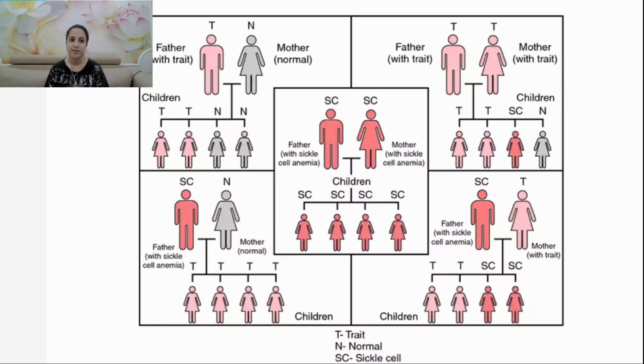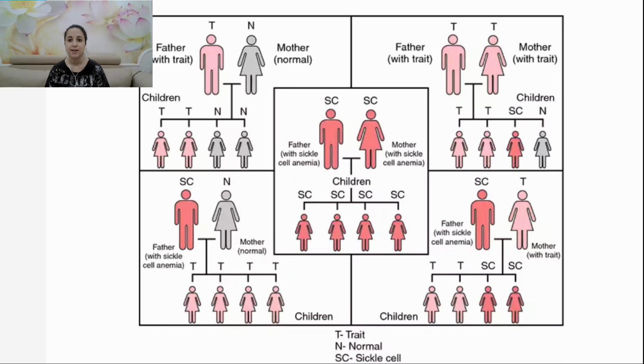So you can see that if one parent has the trait and the other parent is normal, then there's a 50% chance of the children having sickle cell trait. Then in the second case, the father has sickle cell disease and the mother is normal. So here all the kids would definitely be sickle cell carriers, or they would have the sickle cell trait.